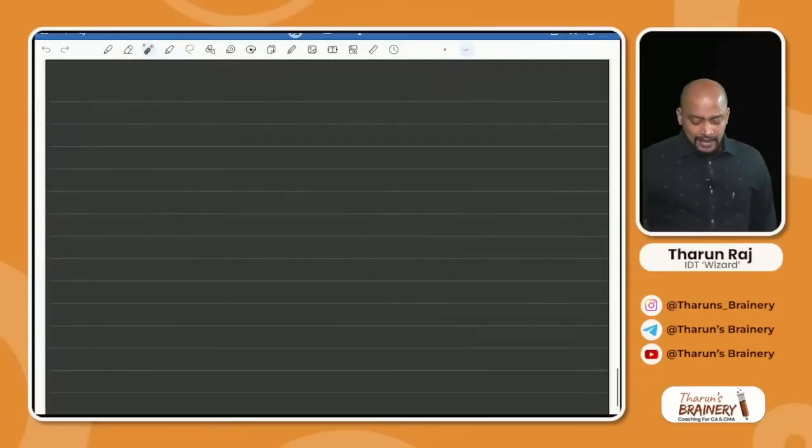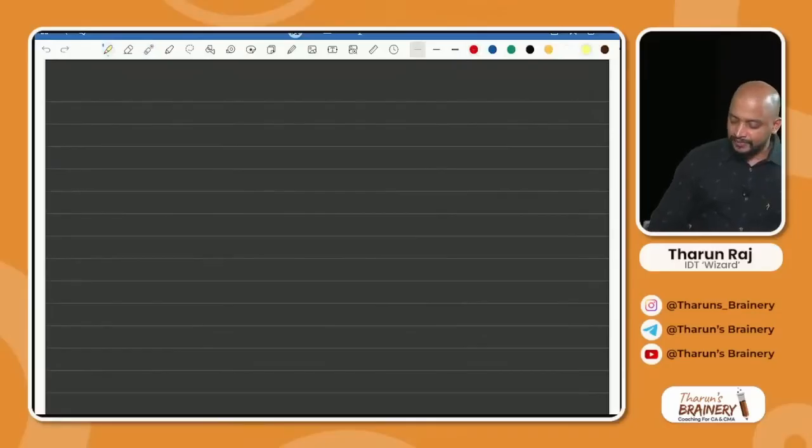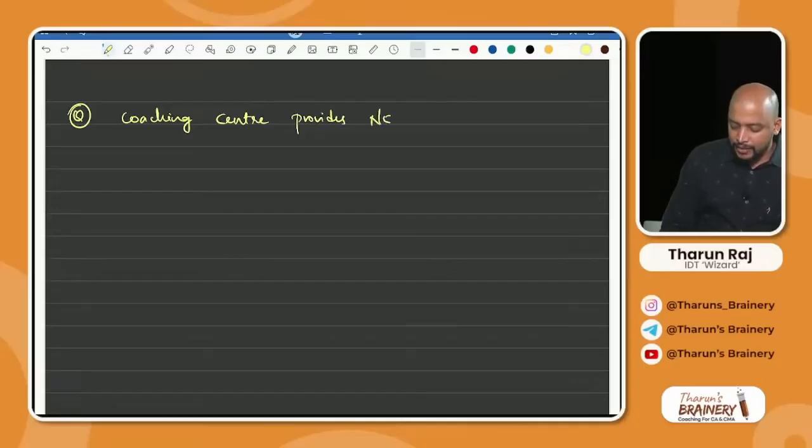There is a person, there is a coaching center. The coaching center provides coaching to students at rupees 60,000 per student.